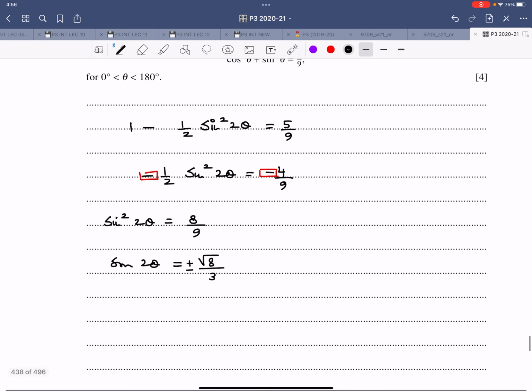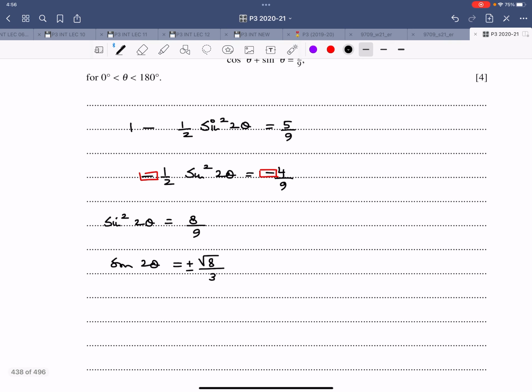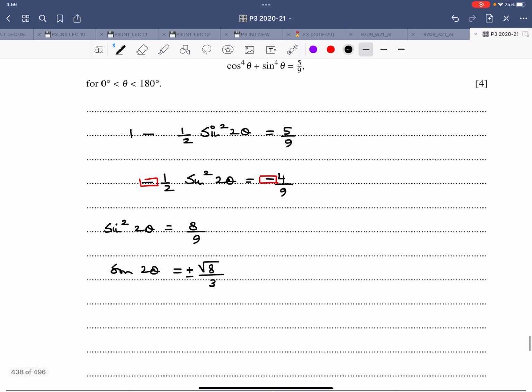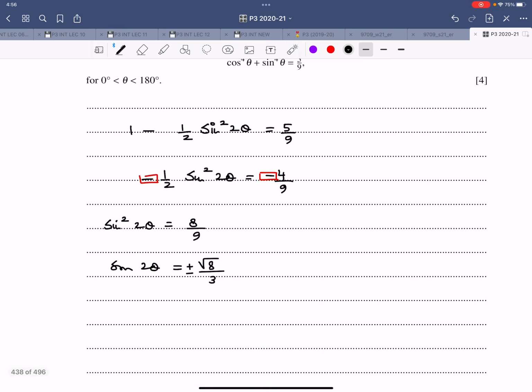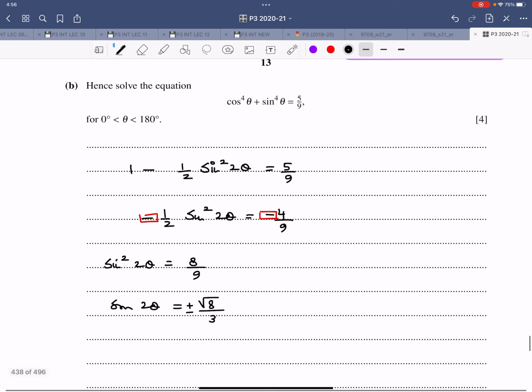Now the question is all about theta lying between 0 and 180. So now you have this thing that you have to carry out the square root on. Let me double check.